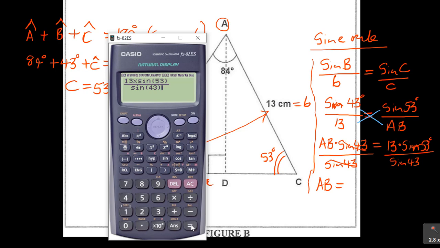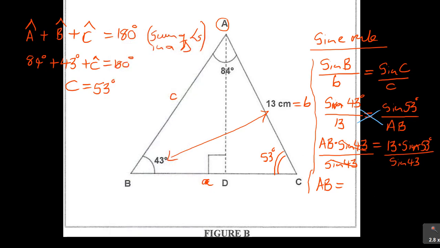When you have done that, there is your answer, 15.22329. If you are to round off, remember you need to round off to 3 decimal places. You say shift setup, then fix, then 3 decimal places, which is 15.223.